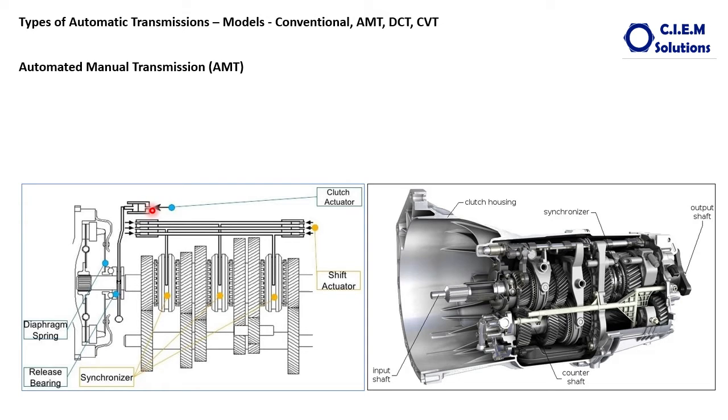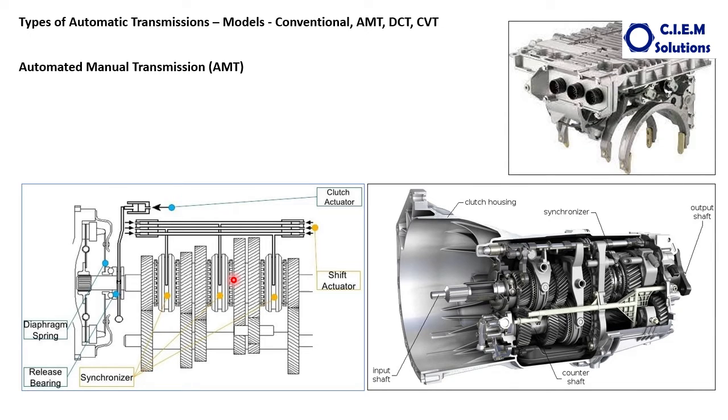The clutch actuator is connected again to the solenoids, as we discussed. So there will be a transmission control module, a hydraulic component, and a hydraulic pump. The job of the clutch operation and the gear shifting from one range to the other will be taken care of by a unit called the mechatronics.